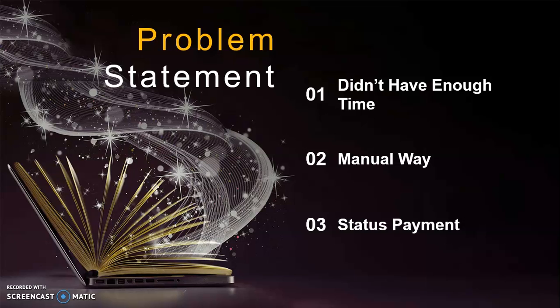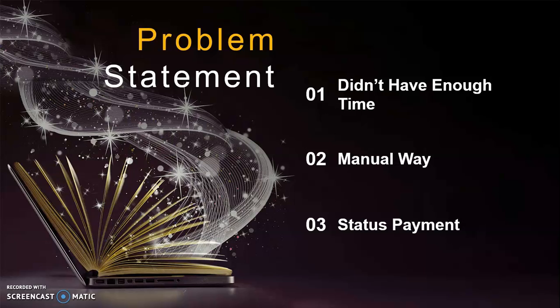Now we go through the problem statement. Firstly, there are a few problems that have occurred, such as not having enough time, so many of the tasks involved in retrieving a previous receipt take a long time. This is because too many receipts have been issued and it takes more time to find one.